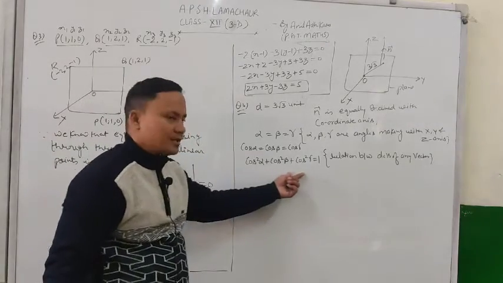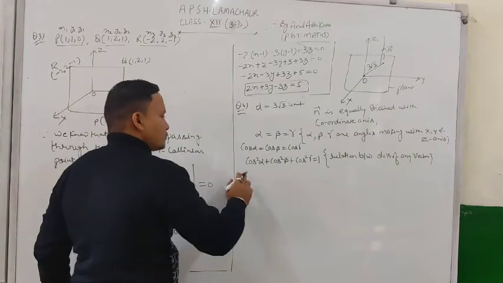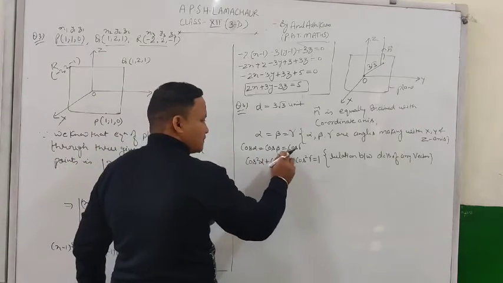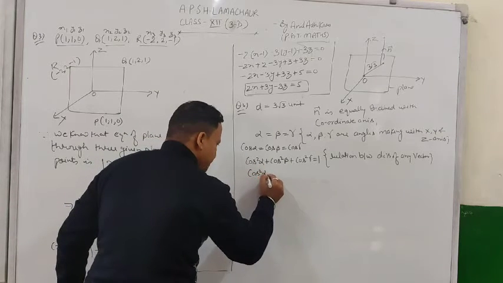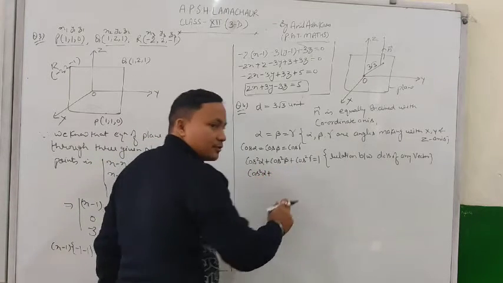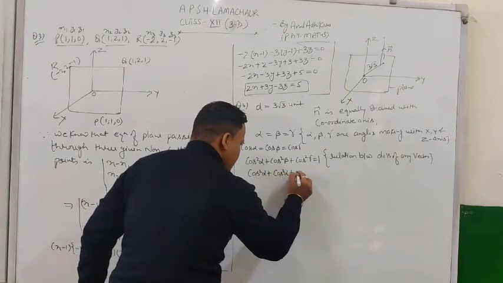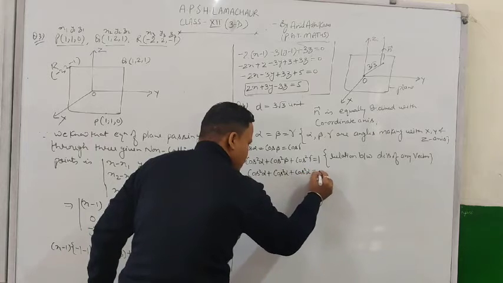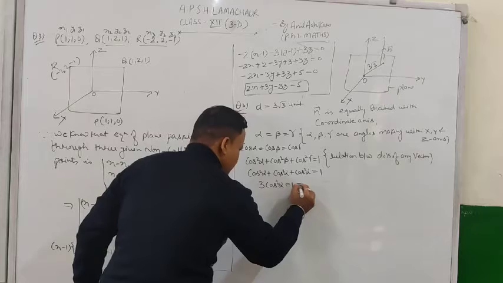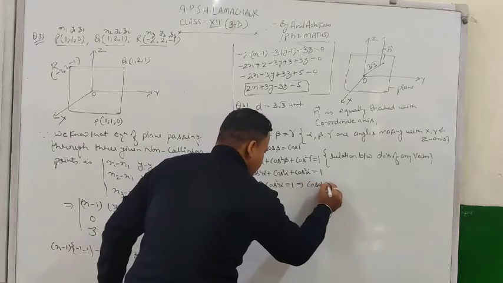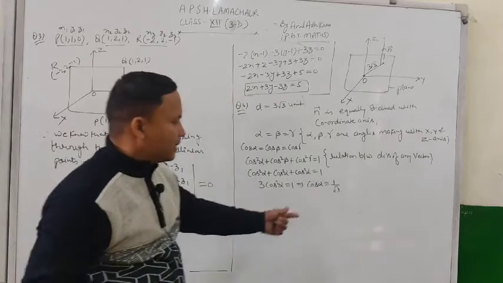So on the basis of this relation, we can easily find the inclination of the vector with the coordinate axes. Here, since cos alpha is equal to cos beta is equal to cos gamma, we can put cos alpha instead of cos beta and cos gamma. So cos square alpha plus cos square alpha plus cos square alpha is equal to 1, that is 3 times cos square alpha is equal to 1, and this implies cos alpha is equal to 1 upon root 3. So our inclination is 1 by root 3.